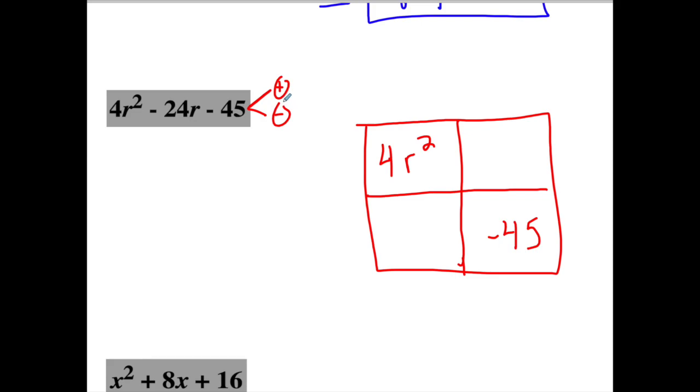And 4 is going to be pretty challenging because I've actually got 2 ways to get it. I've got 2 and 2, 4 and 1. All right, so I'm not going to stress out, right? I'll just kind of stay relaxed and see what I can do. So I got 1 and 45. 3 goes into 45 15 times. 5 goes into 45 9 times.